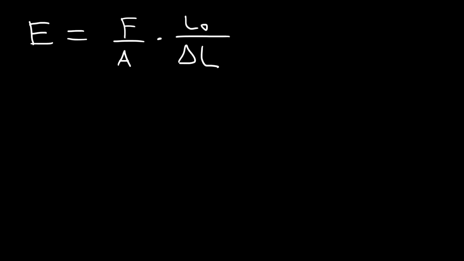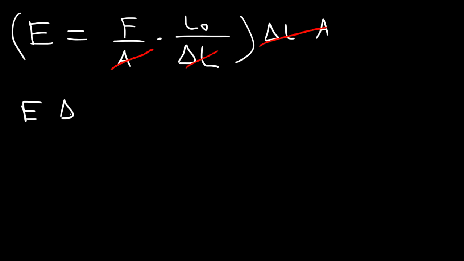Now let's go back to the equation that we had earlier in the video, where we said the elastic modulus is force over area multiplied by L0 divided by delta L. So let's solve for delta L. Let's multiply both sides of the equation by delta L times A. On the right side, these will cancel. On the left side, we're going to have E times delta L times A, and that's equal to F times L0.